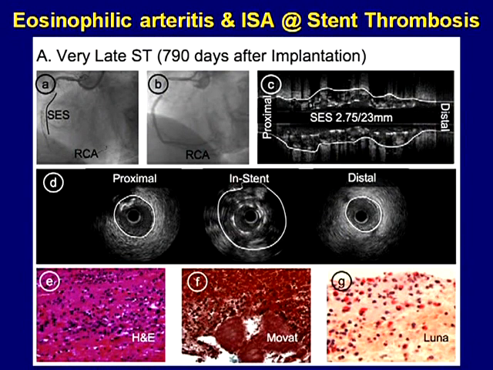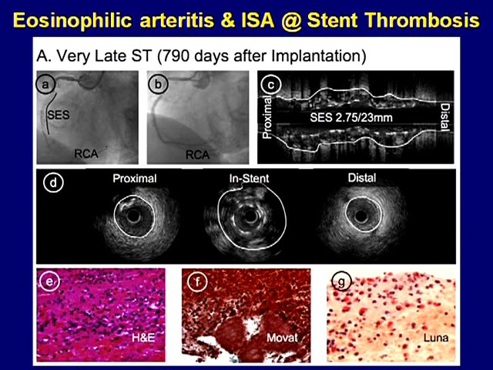Now, the late stent thrombosis issue is not solved, but it's understood. We see it primarily so far with paclitaxel and sirolimus. We don't know yet whether it will be eradicated with the newer generation stents. What Dr. Windecker has shown is the mechanism. It is hypersensitivity.